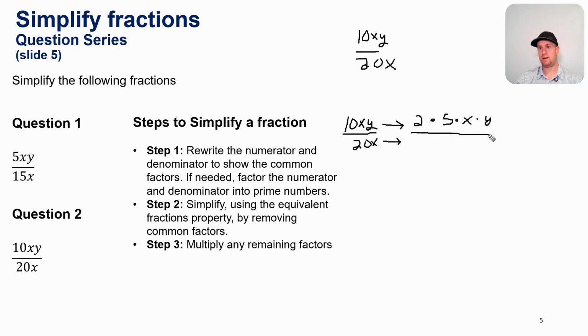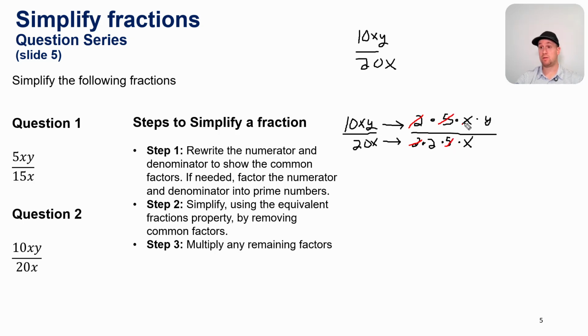The 20 then can be written as 2 times 2 times 5, right? 2 times 2 is 4, 4 times 5 is 20, times x. Then the numbers that we can eliminate are one of the 2's and the 5.